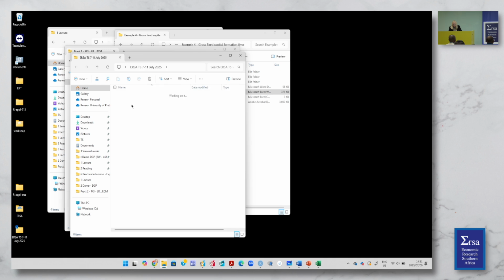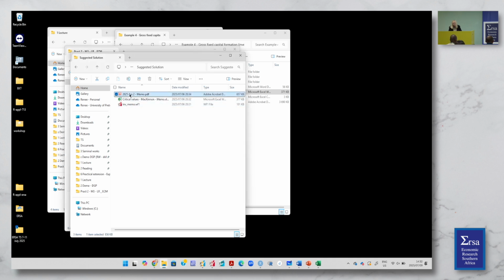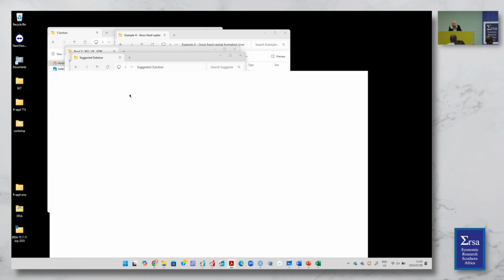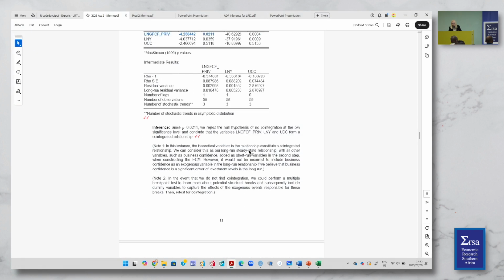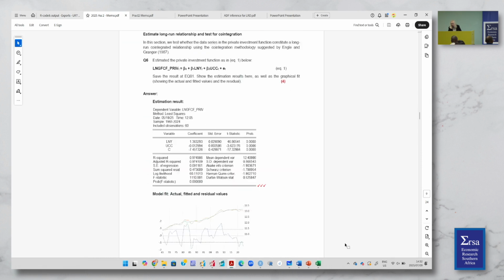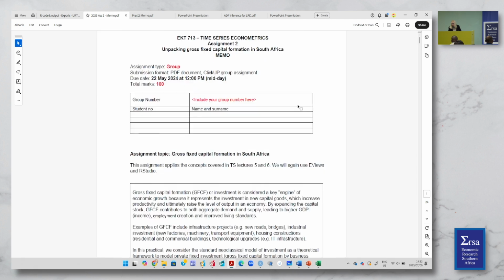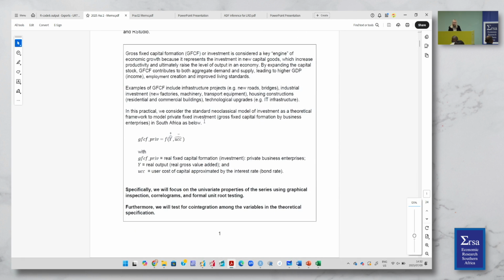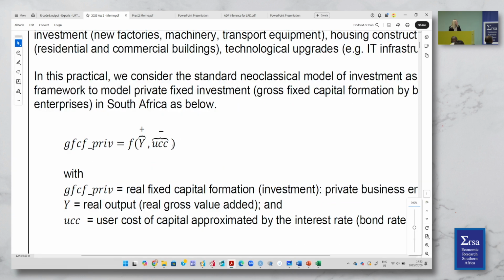So if we go to the investment function, what we see here is basically the investment function. Again, theoretically, there are many rival models, which is in the simplest sense, income and the unit cost of capital.